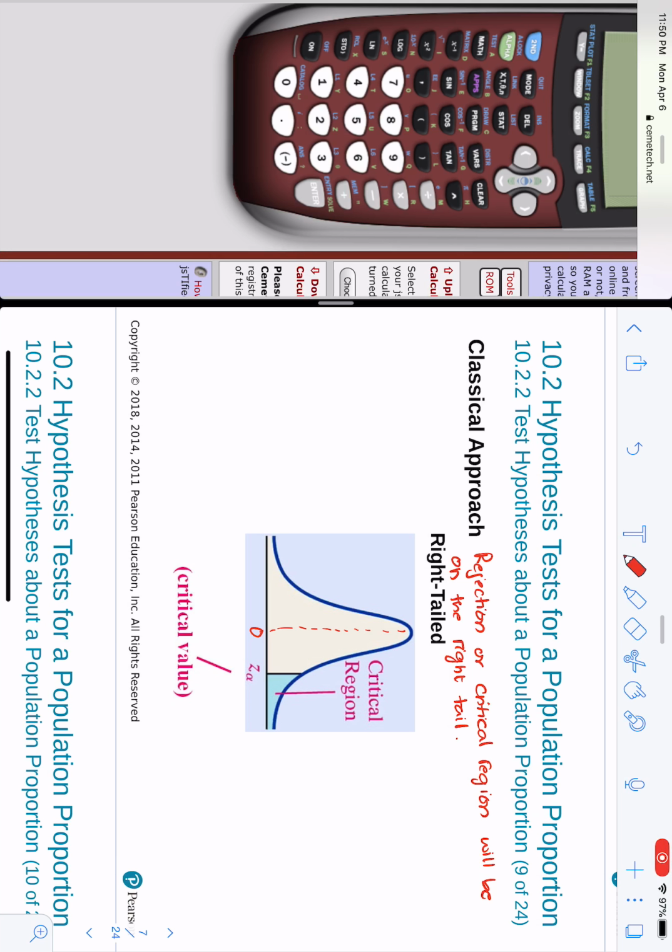And if you notice, again, alpha is what we have. The reason being we don't have to divide the alpha, we are loading the entire area alpha to the right tail.